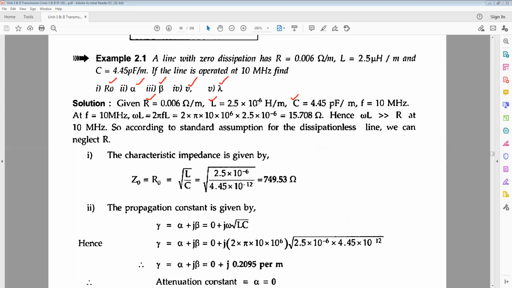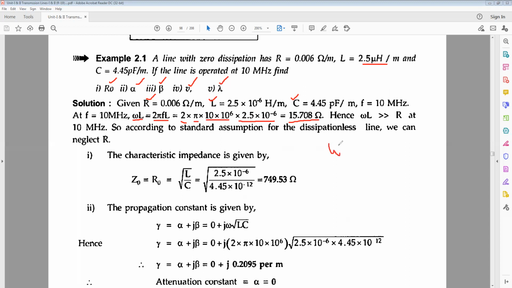It is 2.5 into 10 to the power of minus 6 henry per meter. So we can find omega L, which is nothing but 2 pi f L. With f equal to 10 into 10 power 6 and L equal to 2.5 into 10 power of minus 6, we have omega L equal to 15.70 ohms.